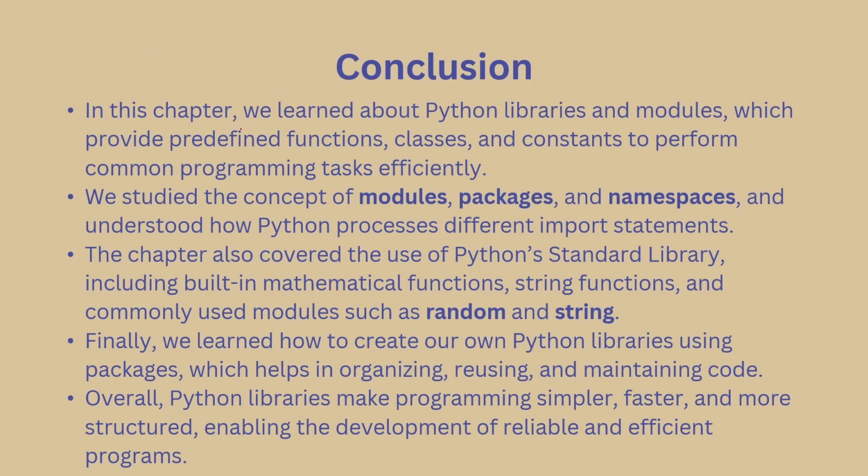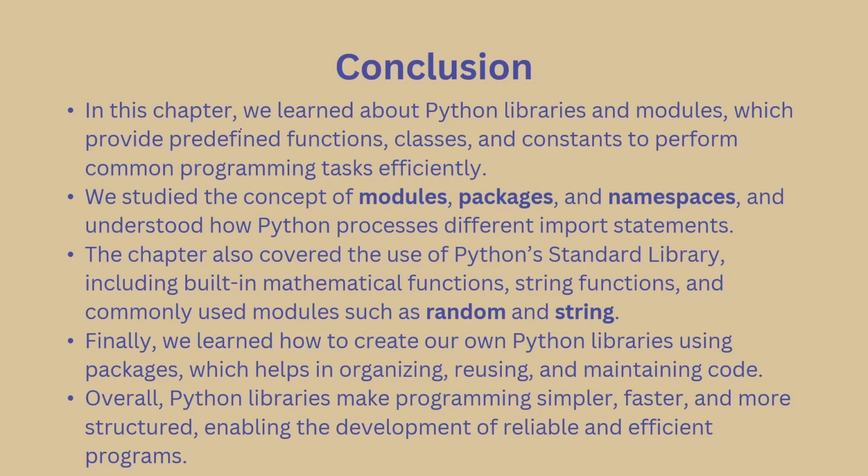So I think this chapter is done. In this chapter, we learned about Python libraries and modules, which provide predefined functions, classes, and constants to perform common programming tasks efficiently. We studied the concept of modules, packages, and namespace. I hope all these topics are clear: what is a module, what is a package, library, namespace.